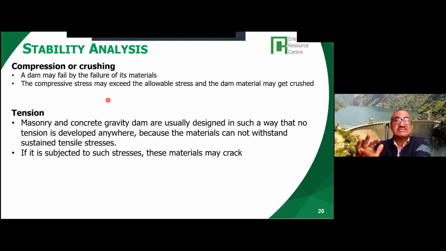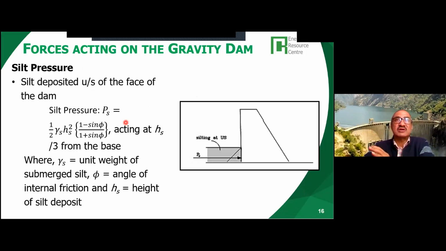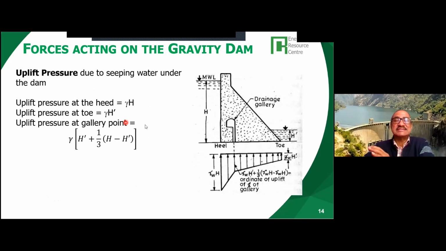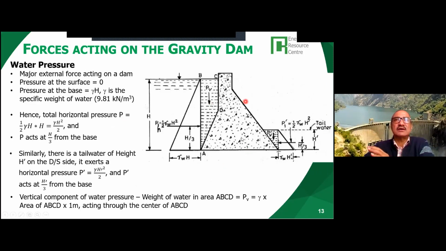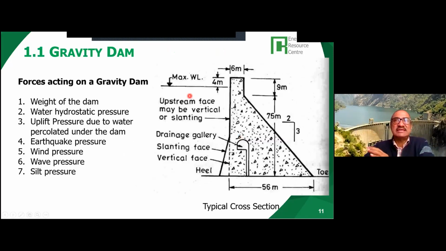If it is subject to such stress, these materials may crack. So the compressive stress and the tensile stress should also be calculated. Basically, these are the important parameters to be considered when you are designing or considering a gravity dam.